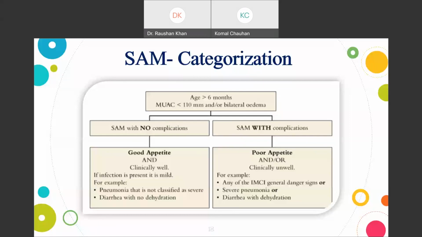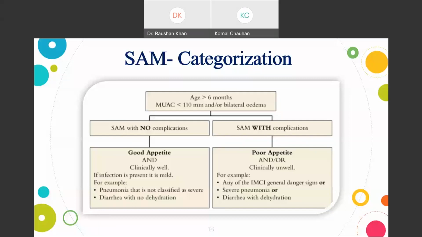If you give food to that child, he or she will not be able to eat it properly. So again, the problem of malnutrition will prevail, and infection or diarrhea will become more severe. So community health workers or Anganwadi workers should refer these children to a proper healthcare facility.